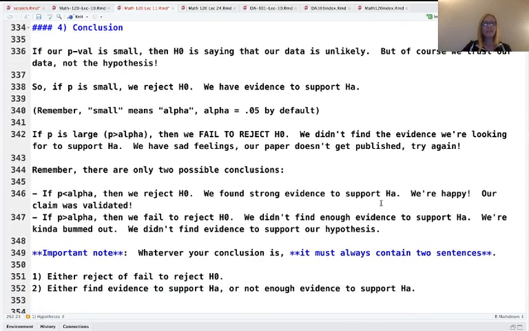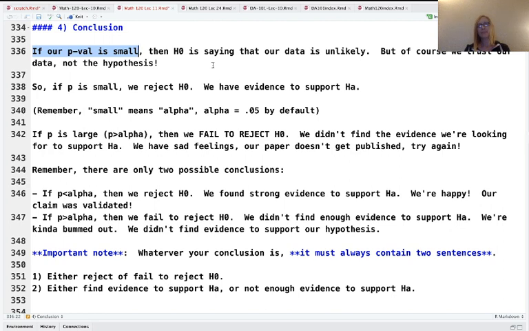And lastly, we need to make a conclusion. It's pretty simple to do, but there are a lot of important nuances to consider here. The short story is, if our p-value is small, then that means, according to the null hypothesis, the data that we observed is unlikely.